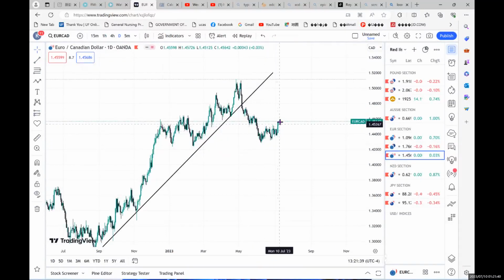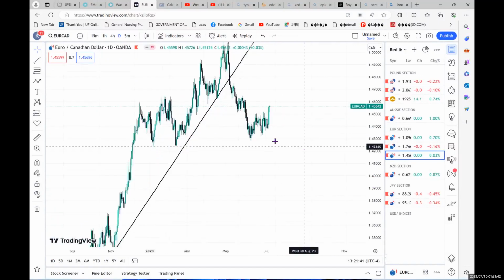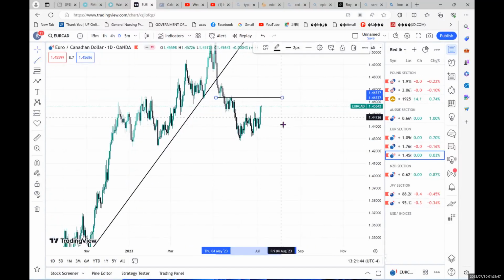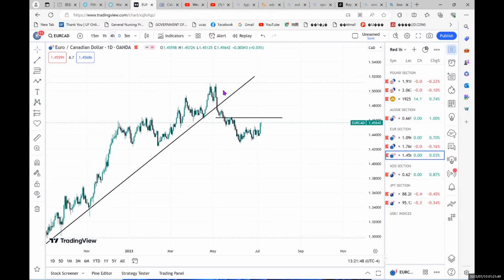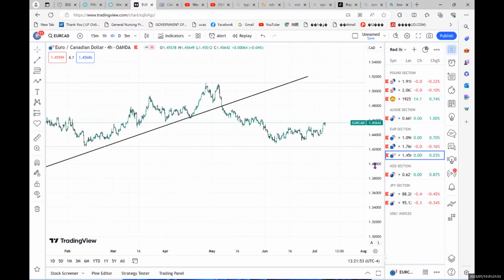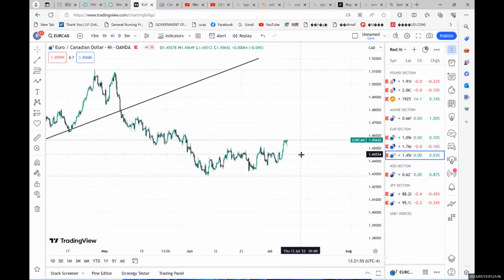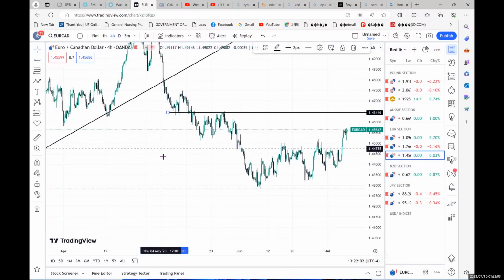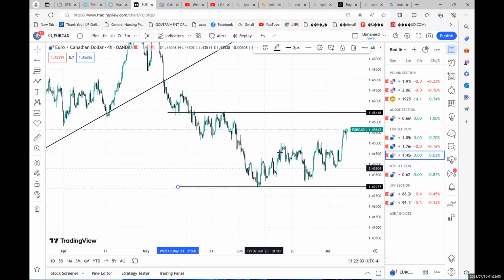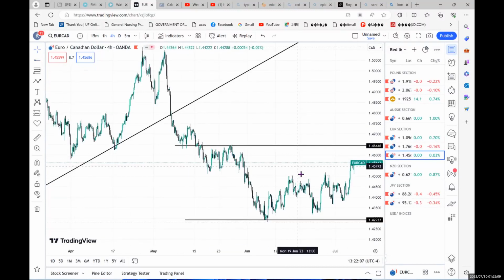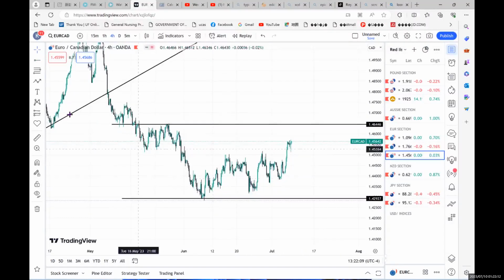But you can see price is currently bullish, and we're coming back up into these highs here. That's on the daily. So let's go to the H4 and see our range. So we have this high right here, and we have this low right here. So we're in this range. So price is bullish currently here.